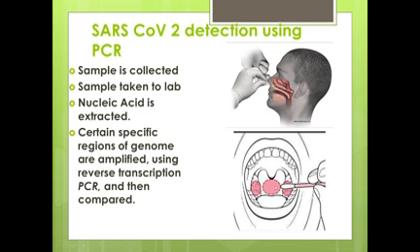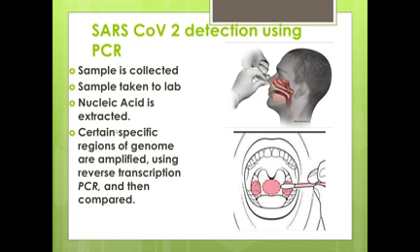Sometimes a sample of saliva or even a liquid from the lower respiratory tract is also taken. That sample is taken to the lab. Once in the lab, the nucleic acids are extracted from the sample, and these nucleic acids might also contain the genome of the SARS coronavirus 2.